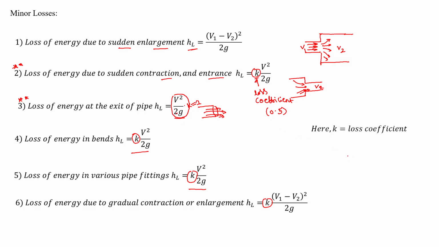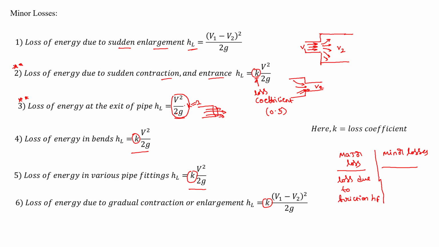So far we have seen major loss as well as minor losses. What is a major loss? Loss due to friction, hf.